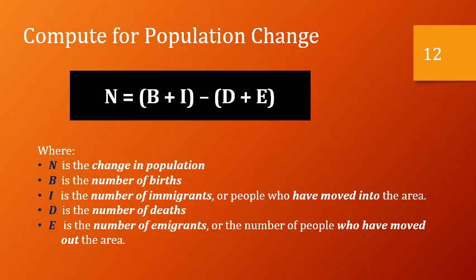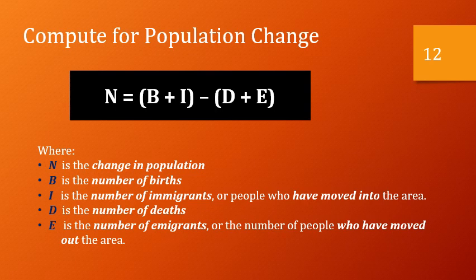Okay? So how to compute the population change? As mentioned earlier, N is the change in population. Okay? So this is the formula. N is equal to B plus I minus D plus E. So N is the change in population, B is the number of births, and I is the number of immigrants or people or organisms that have moved into the area.